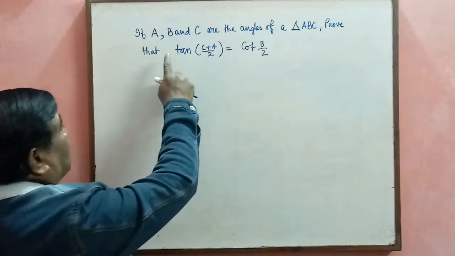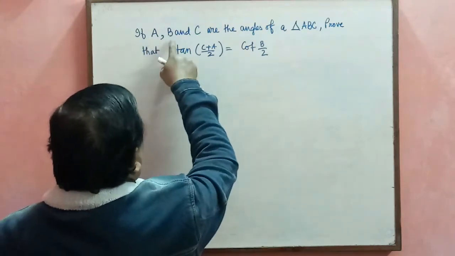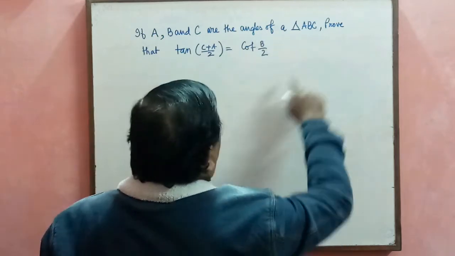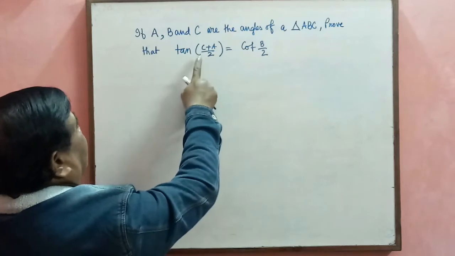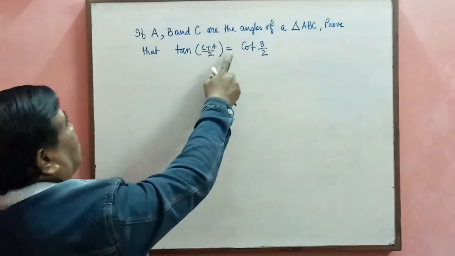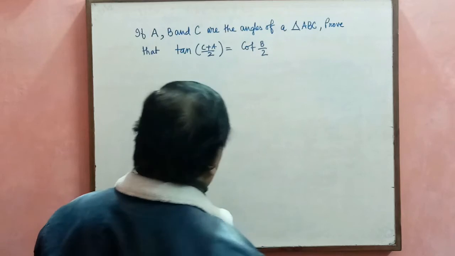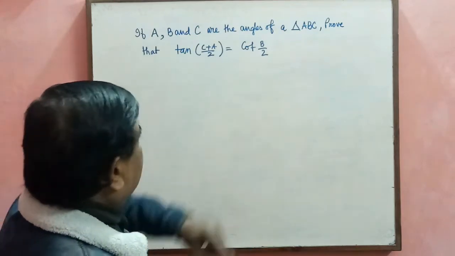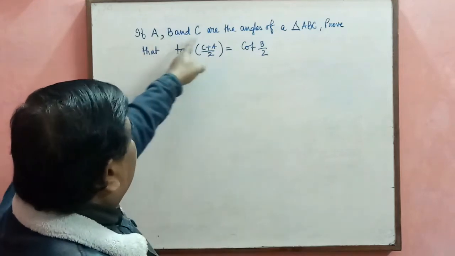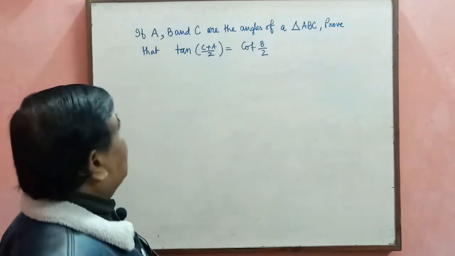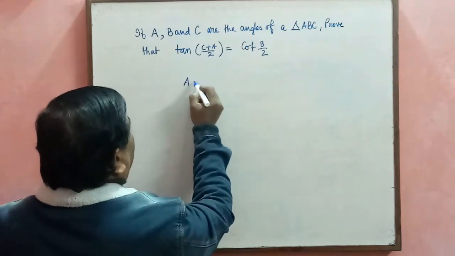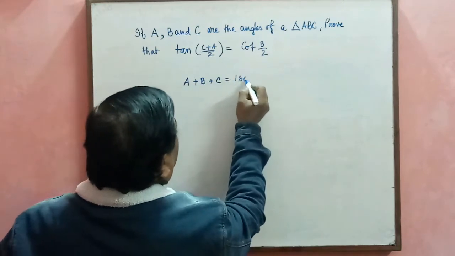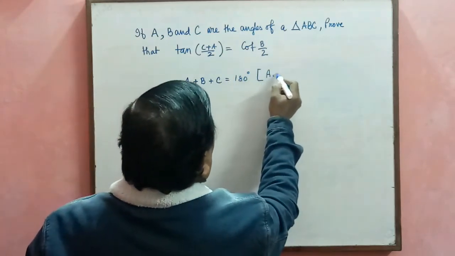Next is, if A, B and C are the angles of a triangle ABC, prove that tan C plus A upon 2 is equal to cot B upon 2. This is indicating the angular relations. Here we know angle A plus B plus C is equal to 180 degree.